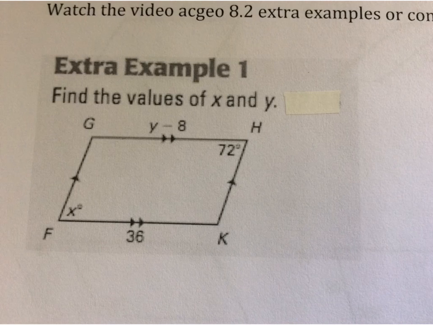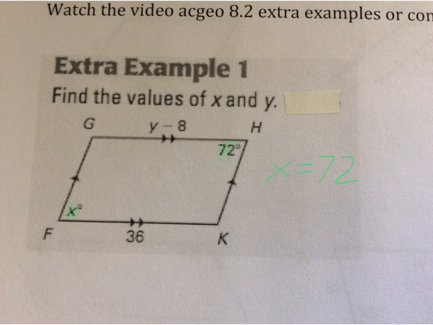So in extra example 1, we have a parallelogram. We know that opposite angles are congruent. So we can very easily say x equals 72.